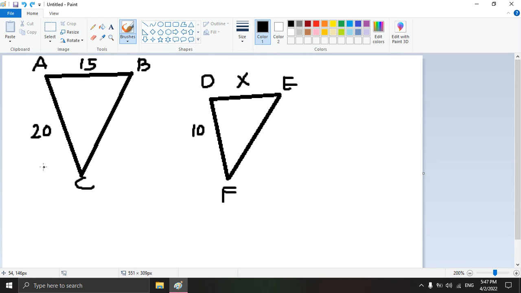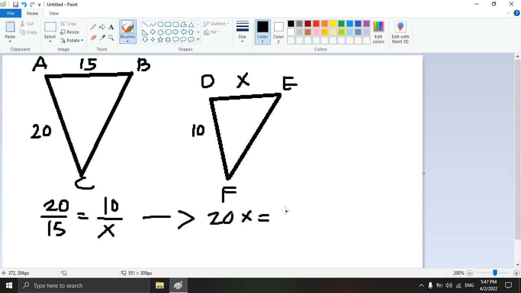We will start here at 20, AC, then go to AB. So we have 20 over 15, then equals. In the second triangle, we start with 10, then X. So that is 10 all over X. Same again, 20 times X, so 20X equals 150.